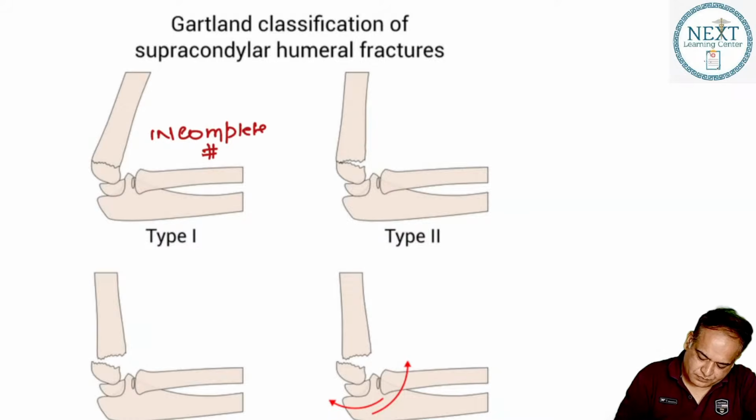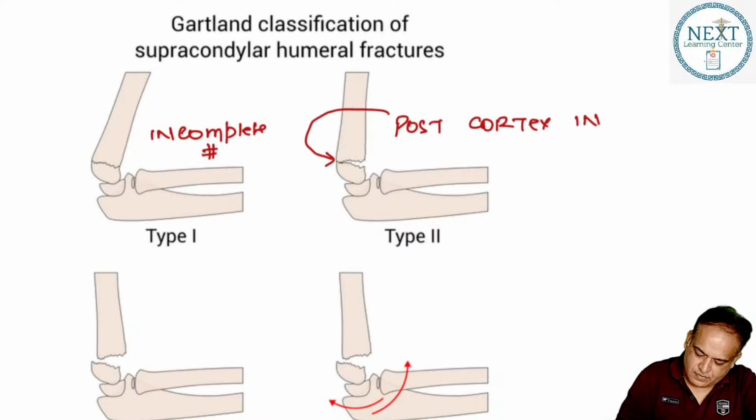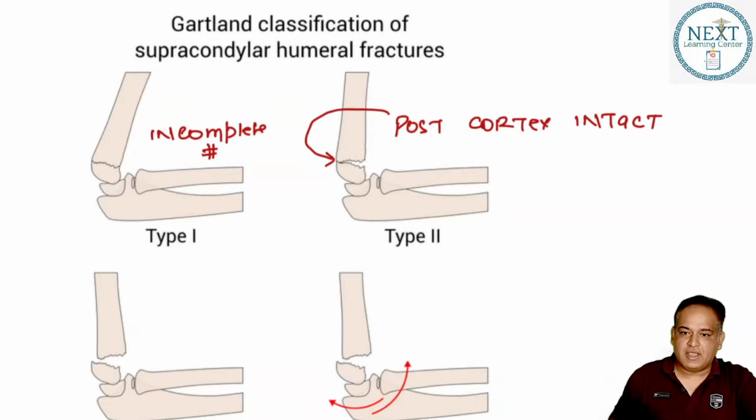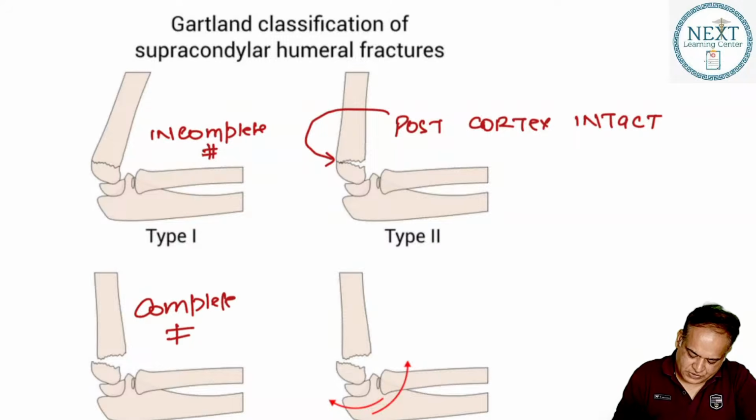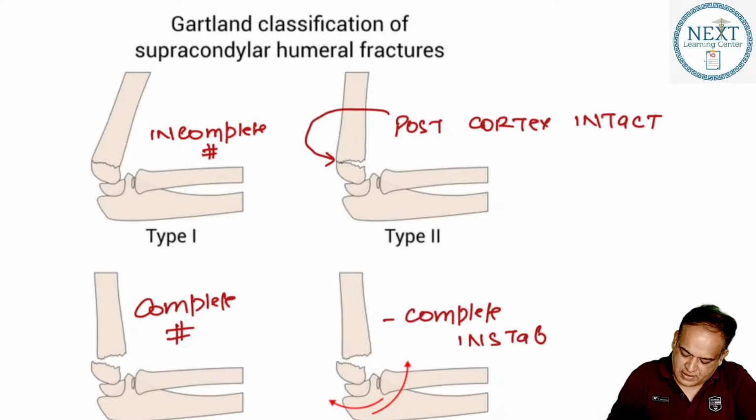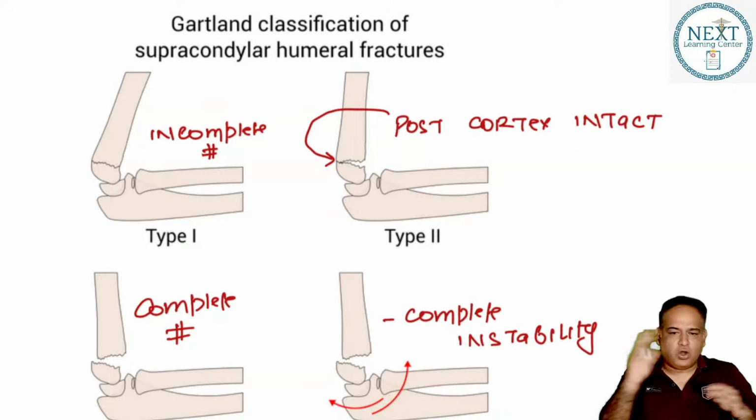Type 2, posterior cortex intact. Type 3, complete fracture. And type 4 is complete instability, instability in all directions.